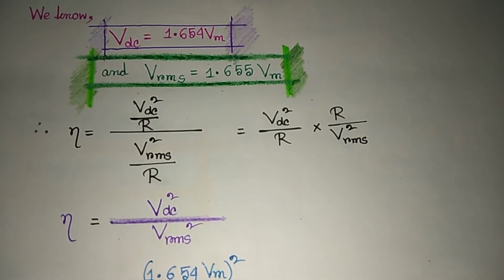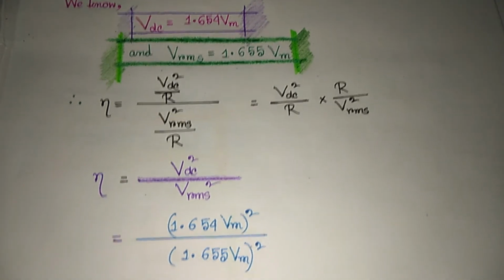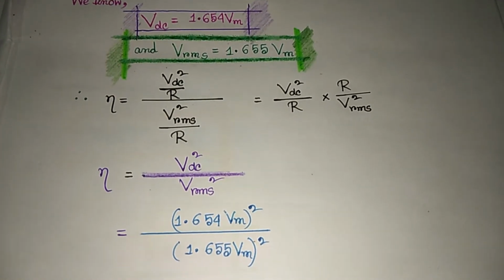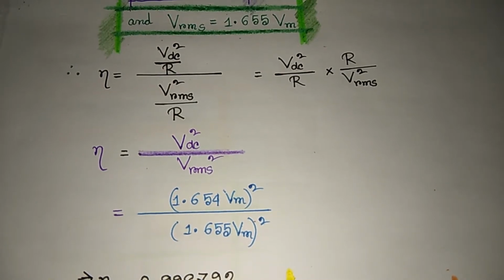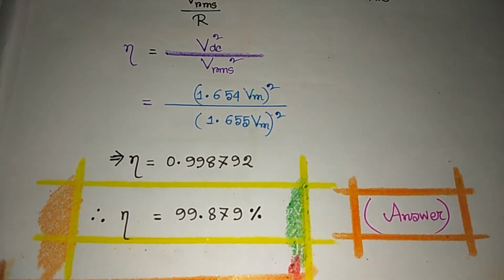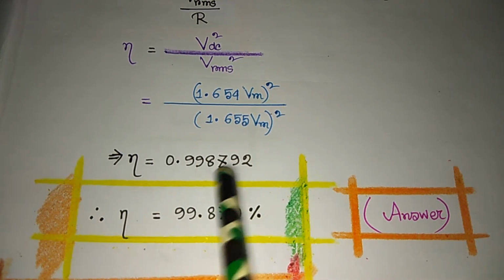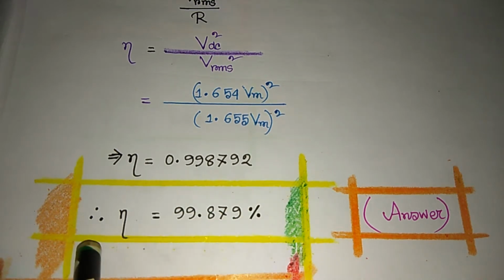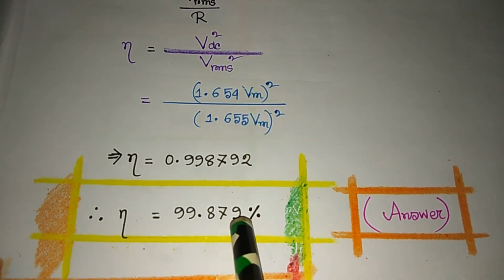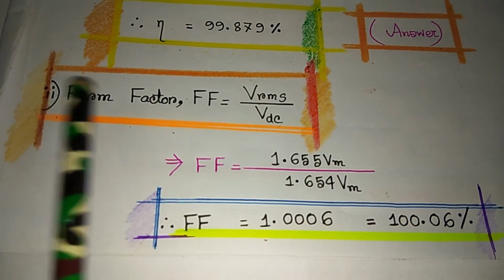Now I am going to put these two values in this equation. Finally my equation becomes 1.654 Vm whole square divided by 1.655 Vm whole square. And finally I will get efficiency equals 0.9987. Multiplying this value with 100, we can find efficiency equals 99.87%.